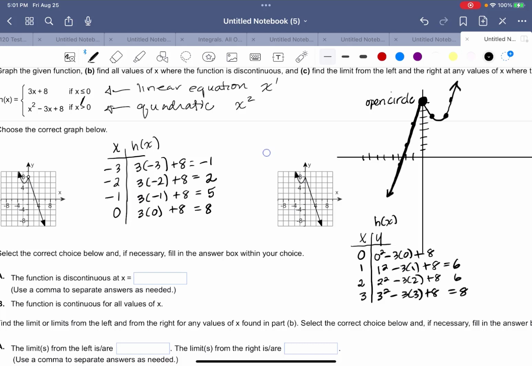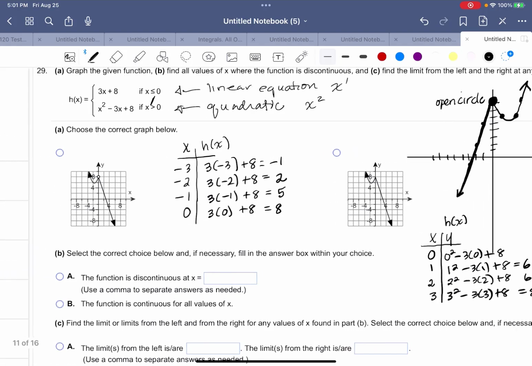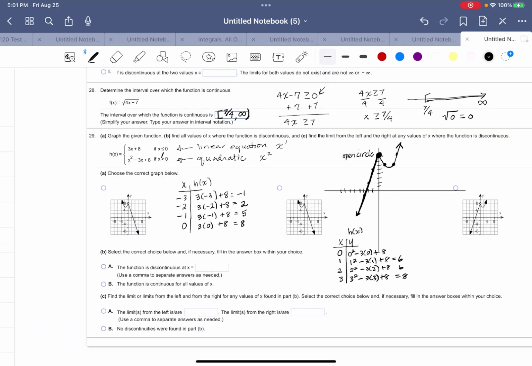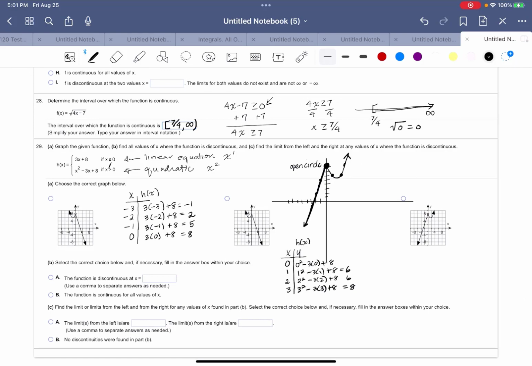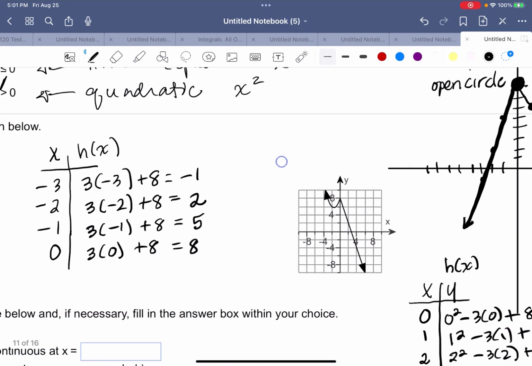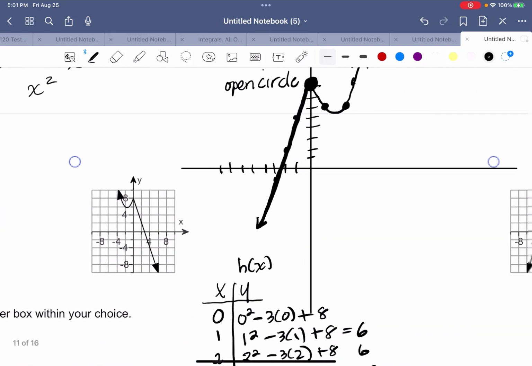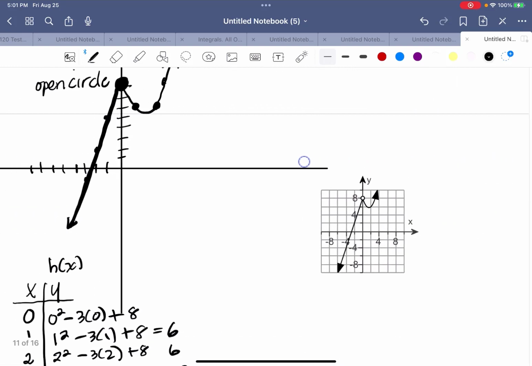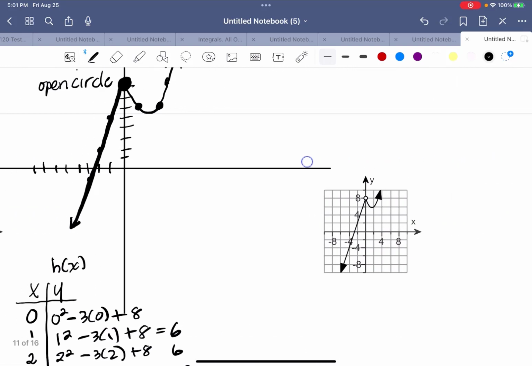So looking at these possibilities for graphs, there are 3 showing on my paper, and the correct one is not here. Look, this one has the parabola. A has the parabola on the wrong side. So does B. And C's not right because there's an open circle there.